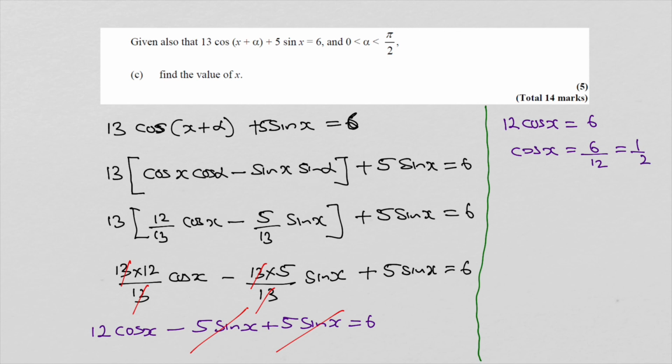Therefore, x equals 1 over cos of a half, and in indices, 1 over cos is cos to the power minus 1, so that will be cos to the power minus 1 of a half. For cos x to be a half, that's a recognizable angle, so that's 60 degrees. So x should be pi over 3.